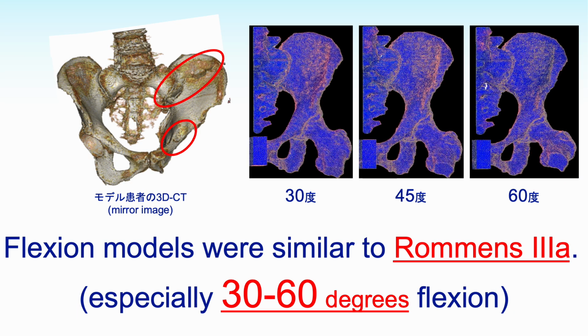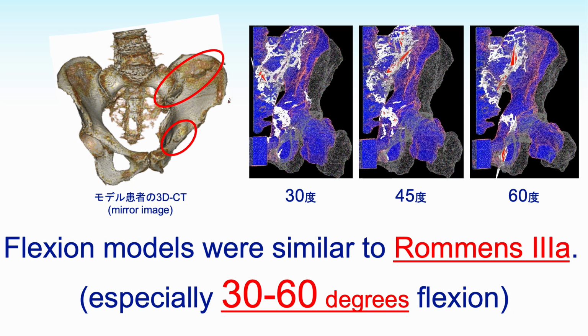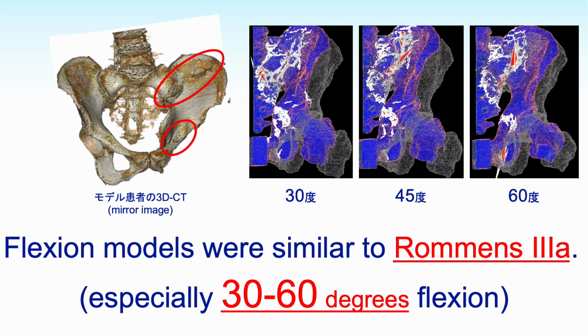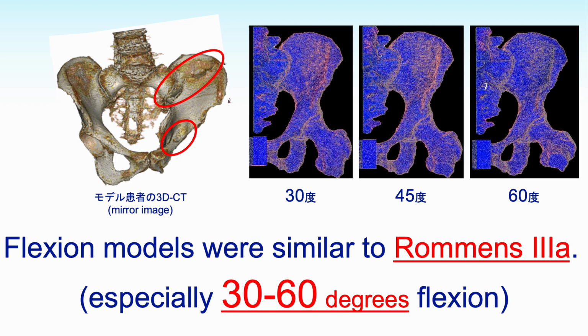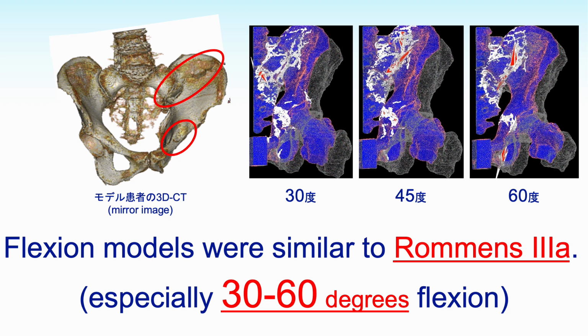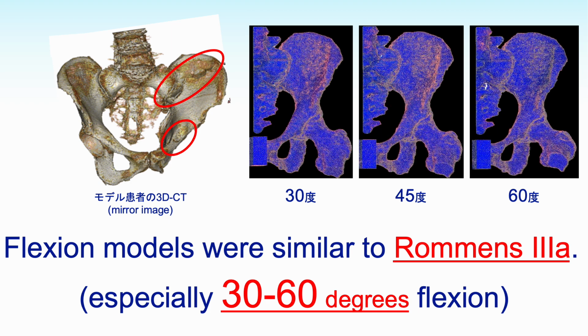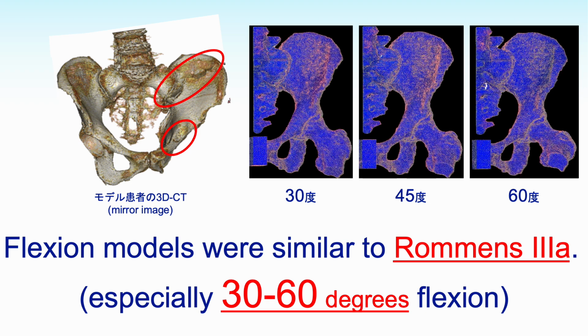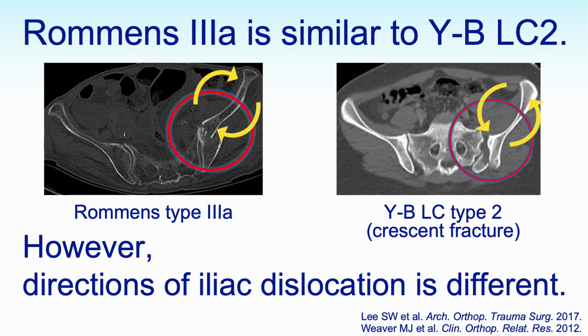We created QCT-FEA models of the hemipelvis to simulate FFP. Flexion models, especially 30 to 60 degrees flexion models, were similar to Rommens type 3A. Rommens type 3A is similar to Young-Burgess LC type 2.